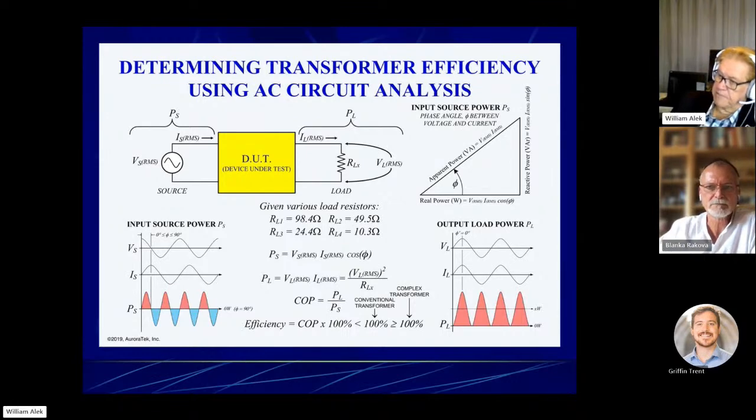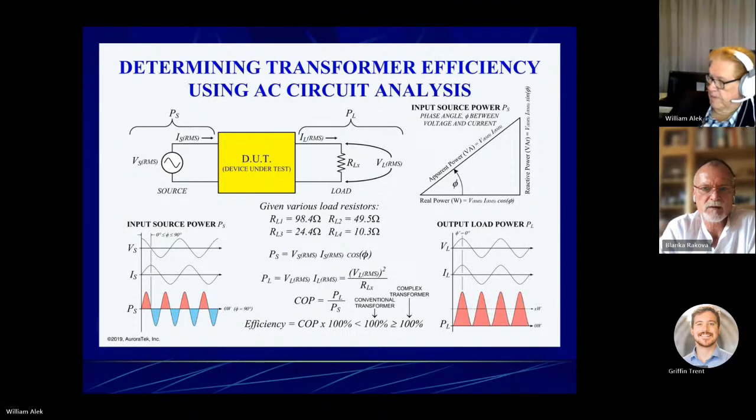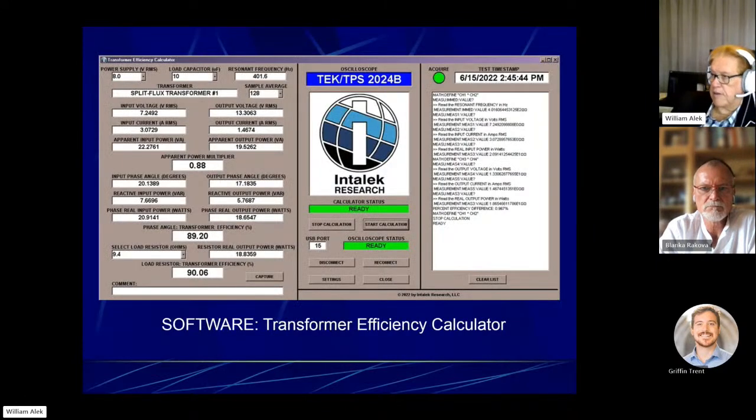So this is just plugging in some test values here, and this is what we see, power input and power output, okay? And then from that, we can determine the efficiency. And this is what my software does. It does all these calculations here. Okay, so the next slide.